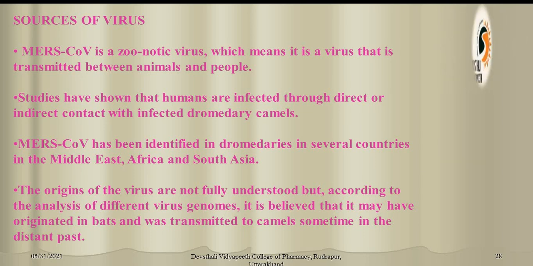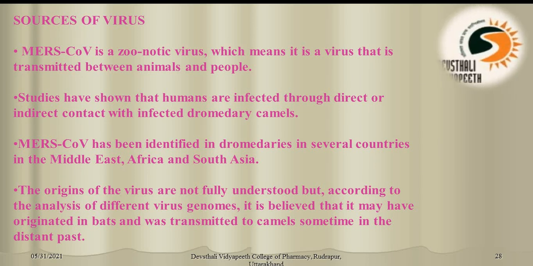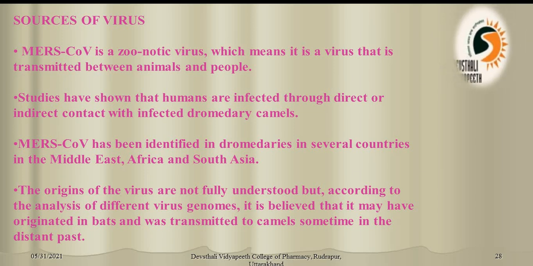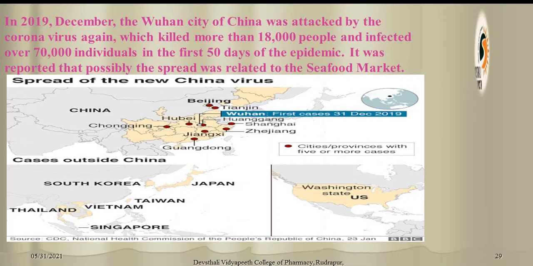Generally, MERS-CoV has been identified in dromedary camels in several parts of the Middle East, Africa and South Asia. Although the origin of the virus has not been fully understood, according to the analysis of different genomes, it is believed that it originated in bats and was then transmitted to camels in the distant past.